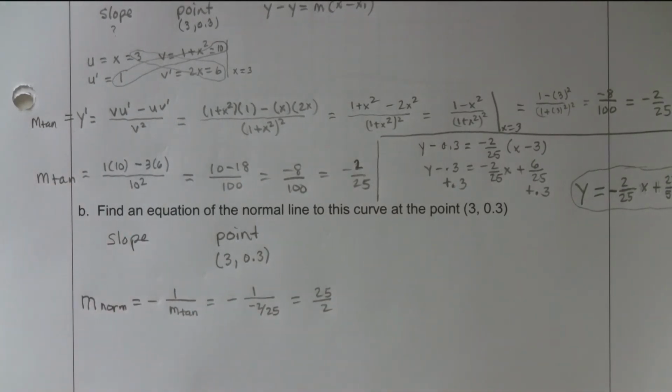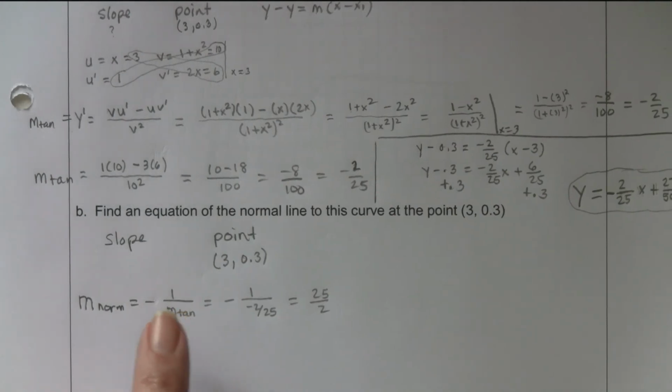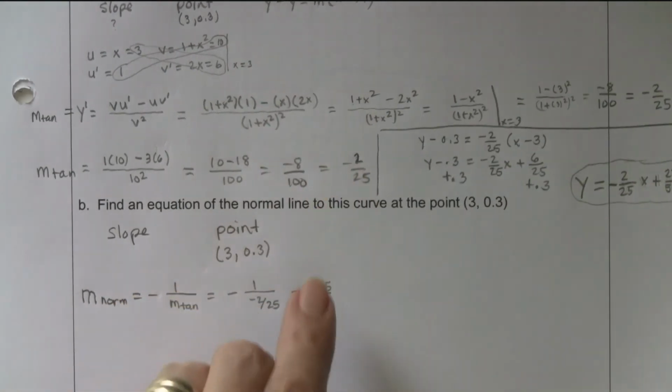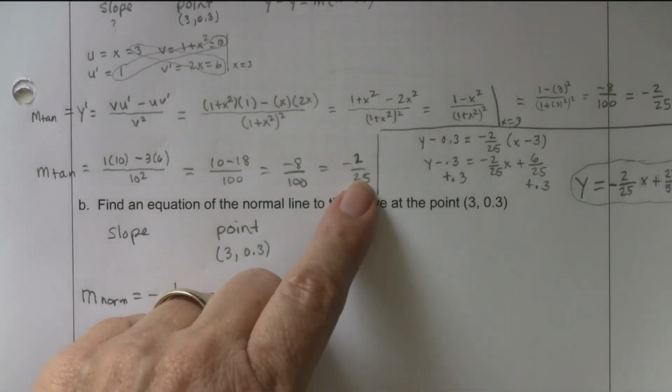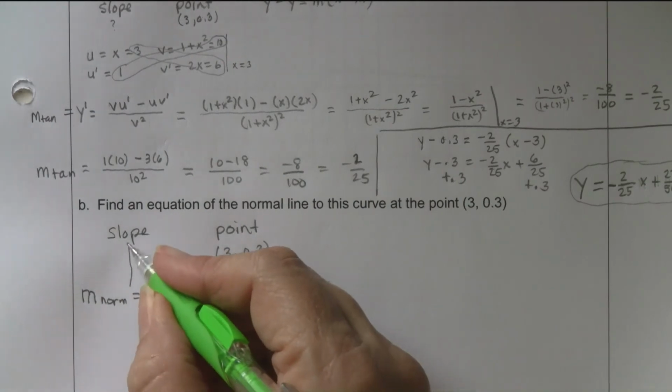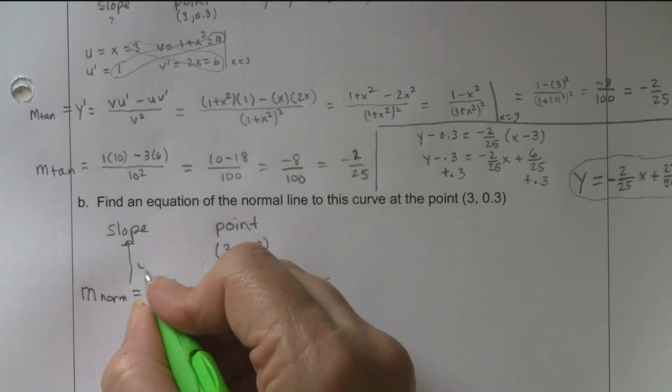And some people say, well, instead of doing this, I learned the shortcut that you take the opposite. So negative, you take the opposite, so it's positive, and you write it as a fraction and flip it, which it's already written as a fraction, and you flip it. So you can see that that works. So now we know our slope, and so we're happy, right?